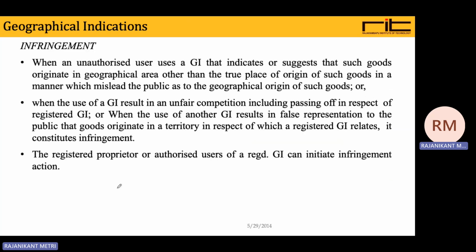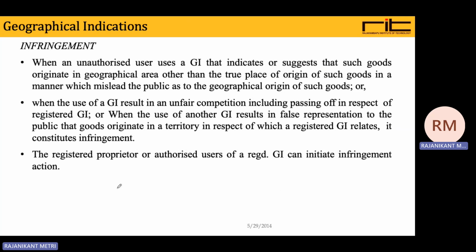So what are the infringements? When an unauthorized user uses a GI that indicates or suggests that such goods originate in a geographical area other than the true place of origin of such goods, in a manner which misleads the public as to the geographical origin of such goods, that leads to infringement.